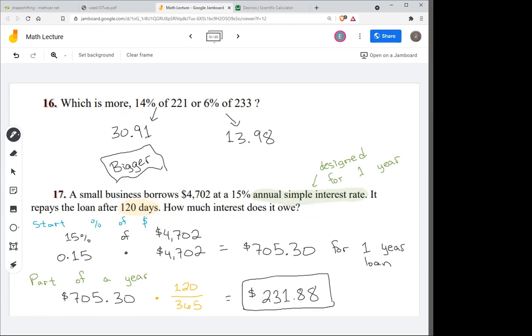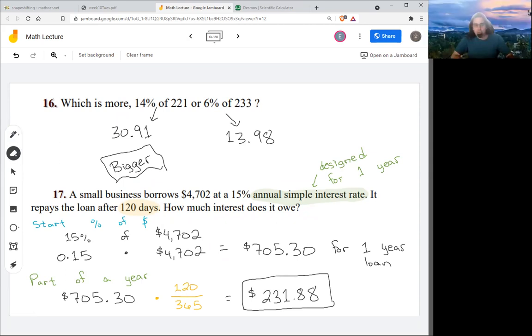And it was way more than that. I might even want to remind myself what happened by labeling this for a 120-day, just to kind of emphasize the difference.